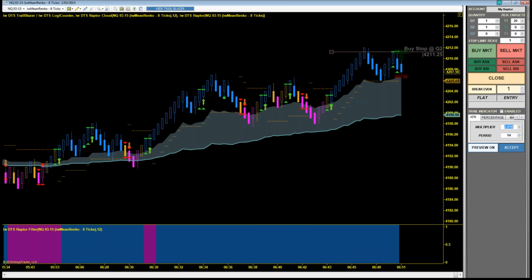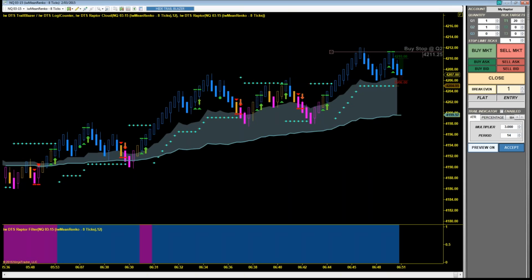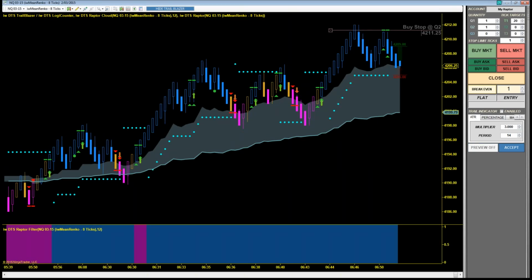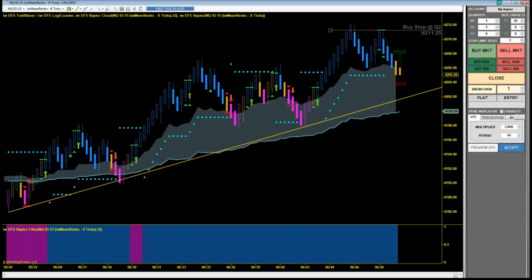And we're getting a nice signal right here. It's also similar to a soft edge bounce.